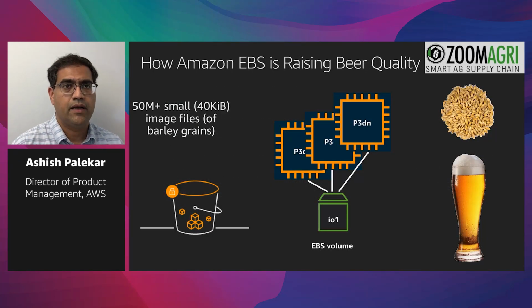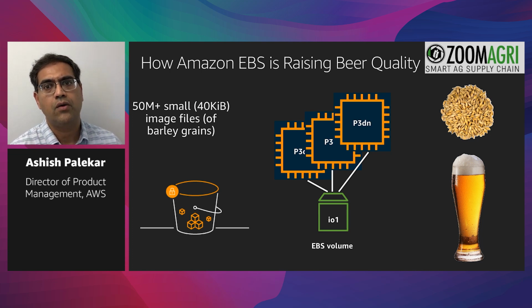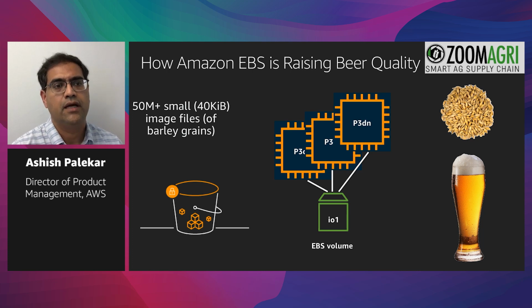And here is a customer example. Zoom Agri is a fast-growing startup that is changing how customers process what are essentially barley grains and analyze the quality of barley grains. Their flagship product is Zoom Barley.